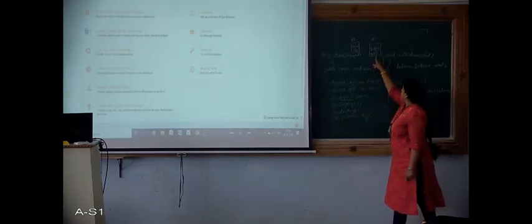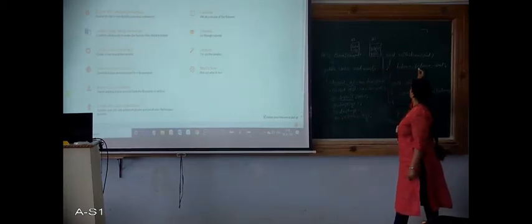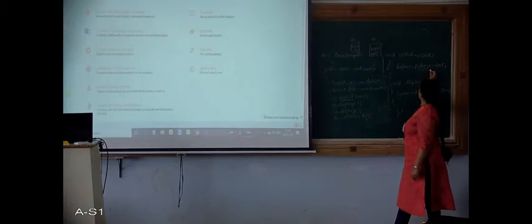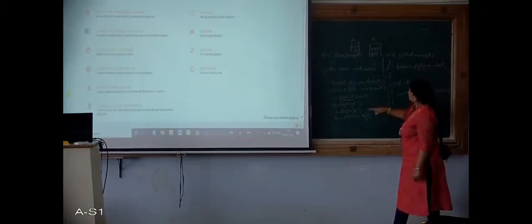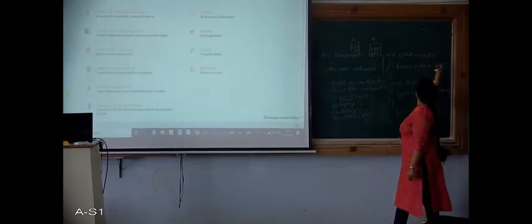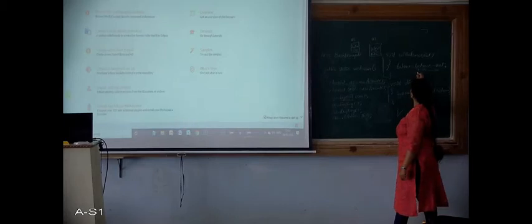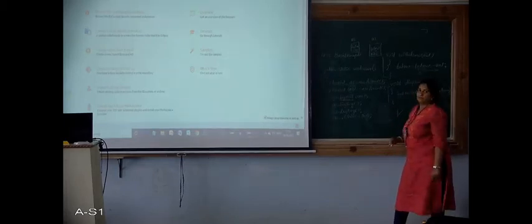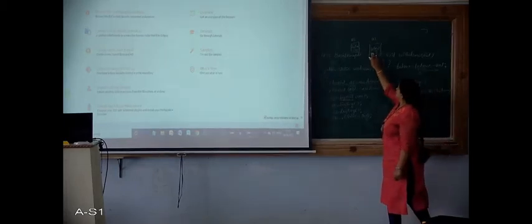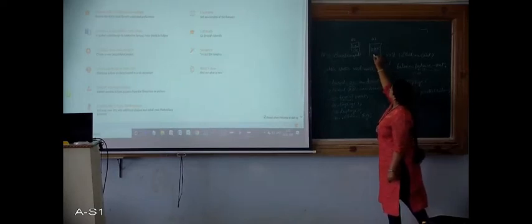A1's balance is 1500. So this 1500 minus the amount. What is the amount? 800. That means 700. So this will become 700. Correct? So the new balance is going to be 700.